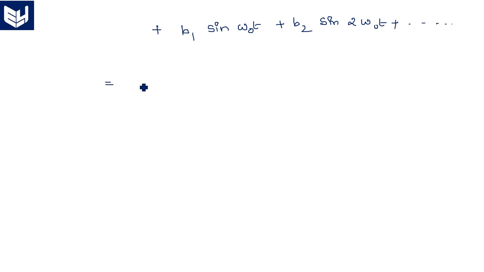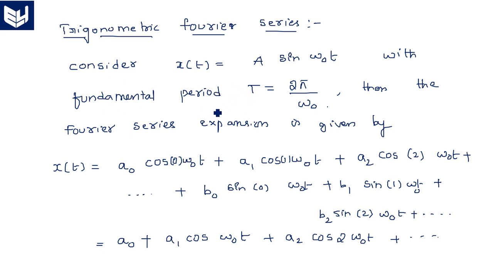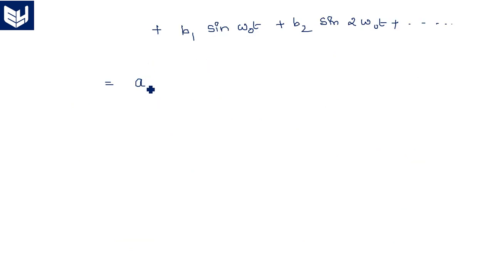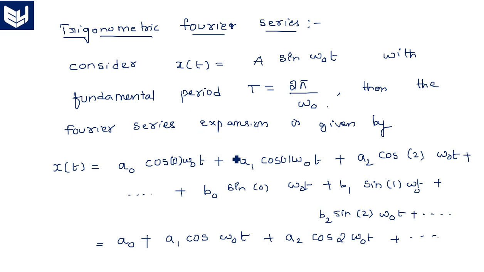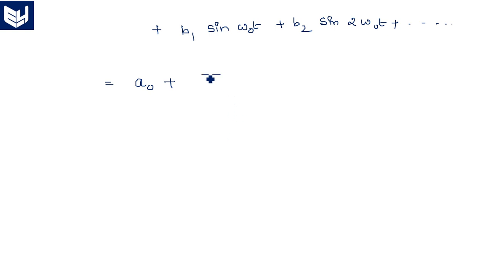So how to write this in short form? In a naught and b naught, b naught is completely removed because it is sine 0, and a naught becomes only an amplitude factor, with no phase component. So a naught is alone, plus, if you observe a1, a2 and so on, we can write it as the summation of n equal to 1 to infinity of an cos n omega naught t.